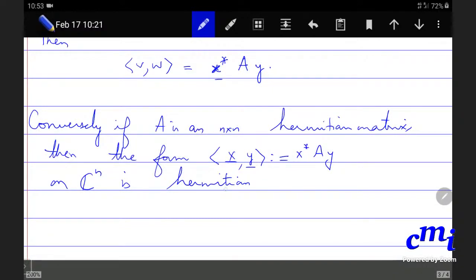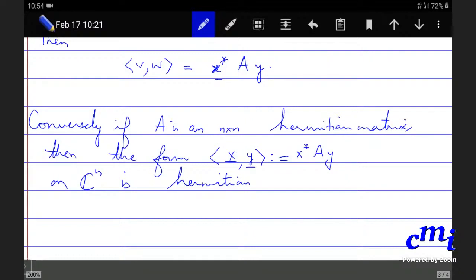Again, just to reiterate, the theory of Hermitian forms in the complex setting is entirely parallel to the theory in the real symmetric setting.